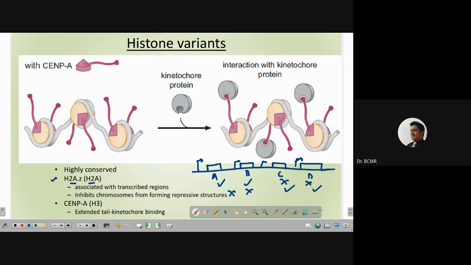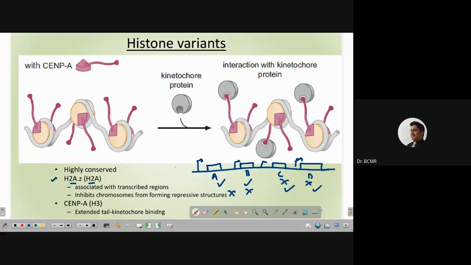Then there are also genes that are regulated, which means they can be suppressed or expressed based on need. And there are also tissue-specific or cell-specific genes. Say in neurons, only neuron-specific genes will be expressed. In no other cells will those genes be expressed.